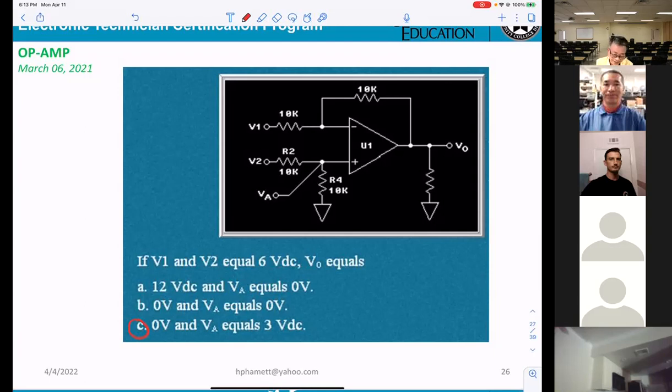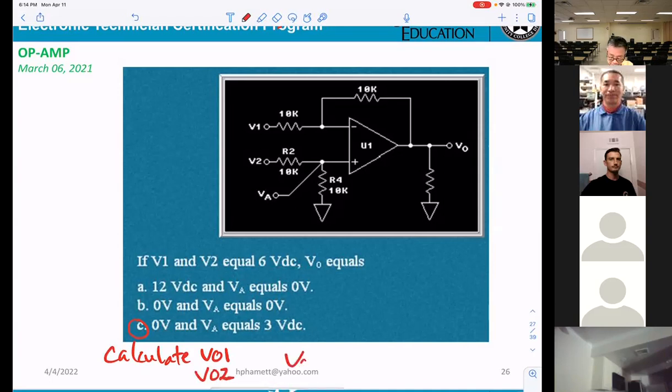If you want it, you have to calculate Vout 1 for V1 and calculate Vout 2 for V2. Okay? You need to calculate VO1, VO2.